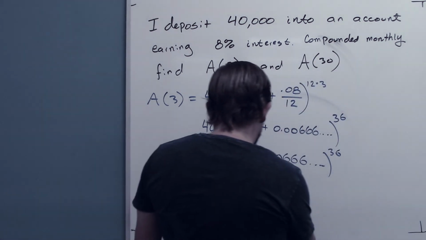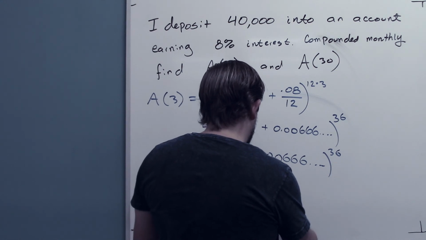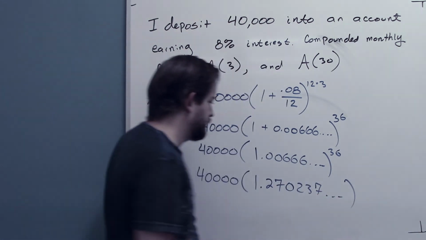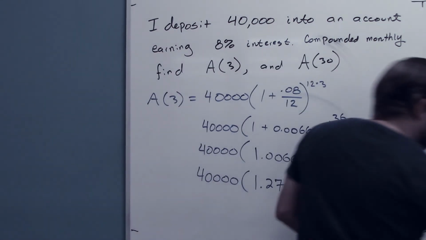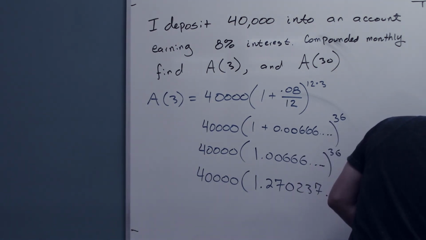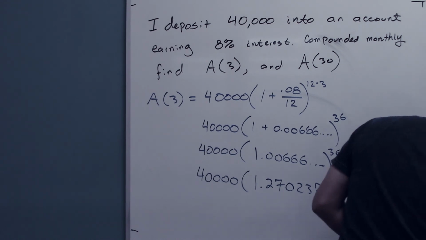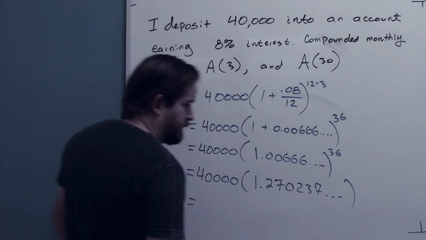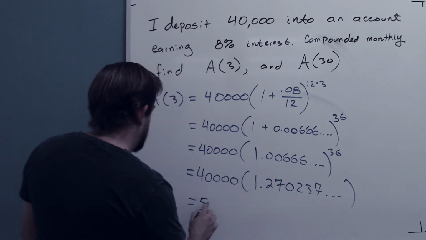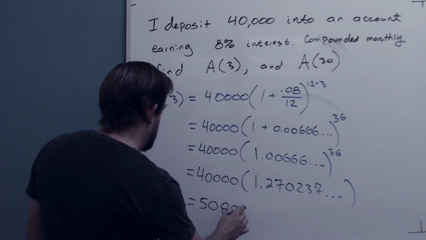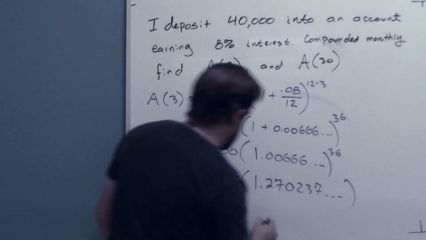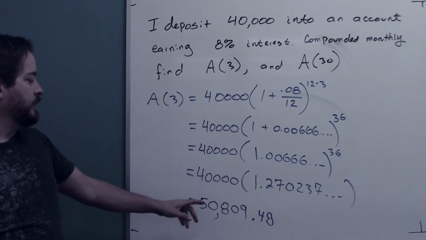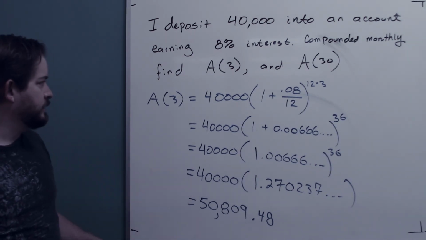One point 27023 7, and it goes on, it's forever long, but if I take that and multiply it by 40,000, then I get $50,809. And some change, 48 cents. Not bad for 3 years, dump it into an account, $10,000 increase over 3 years.